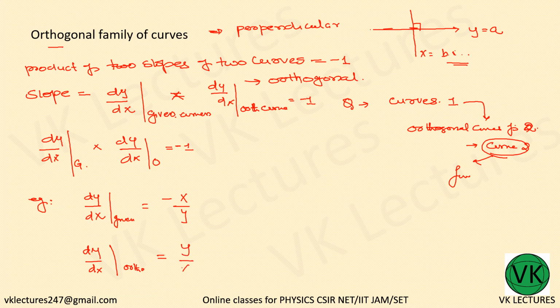So that's minus x by y into y by x, which is -1. Now dy by dx is equal to y by x. Bring this y here and you can write it as dy by y is equal to dx by x.